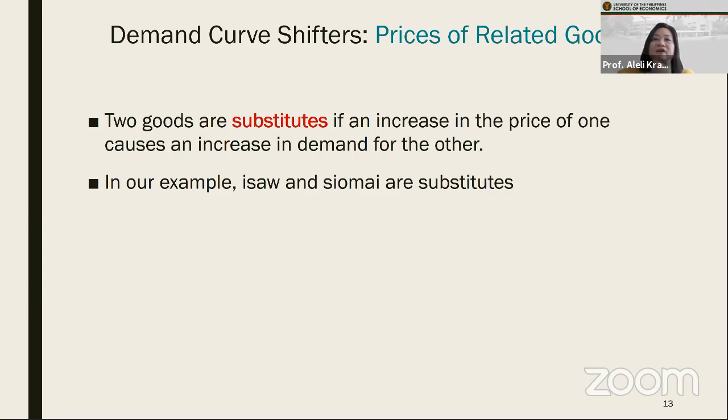So in effect, because these two are related, they are snacks, street food that students consume, if the price of the substitute, let's say isaw, becomes higher, then we would expect that the quantity demanded for shawmai would increase. Okay. There are other examples.